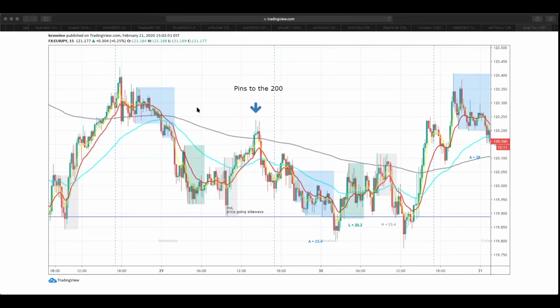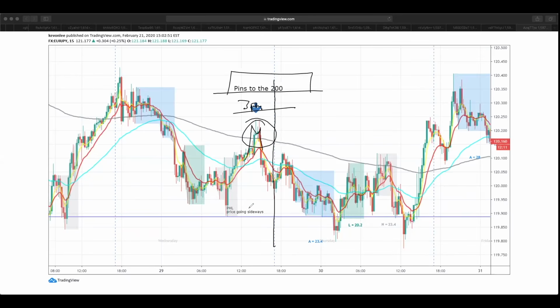So yes, it's pinning to the 200, but you can't trade it because it's not in the box, right? This is like 3 in the afternoon, because here's the 5 o'clock range here. So this is like 3 p.m. here. So yes, it's pinning to the 200, but what I mean by pins to the 200, I'm talking about trying to find an actual trade that you can take that's within the box.